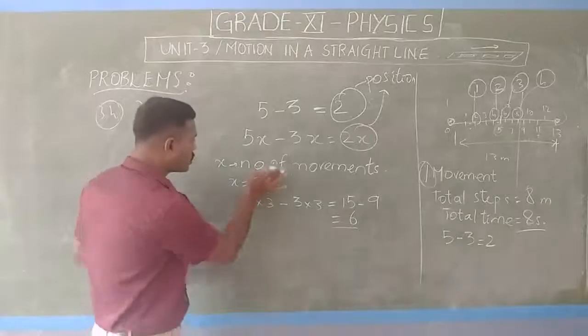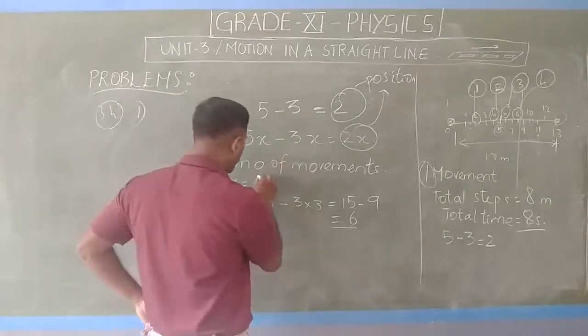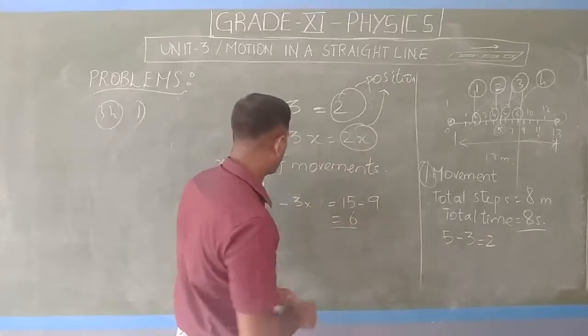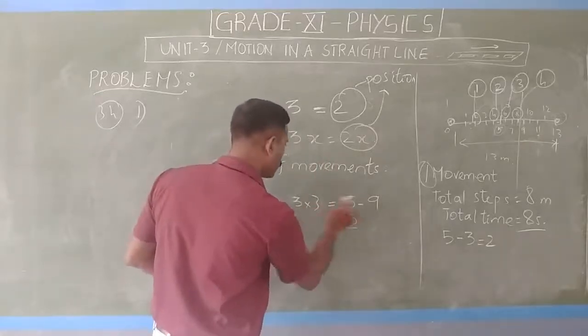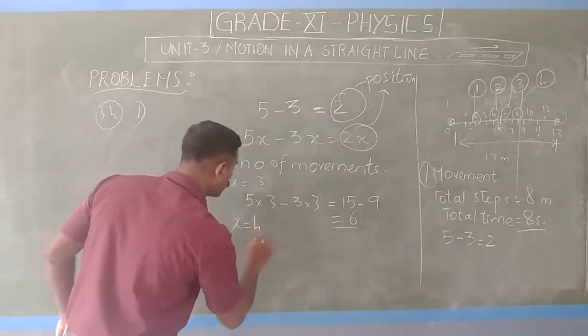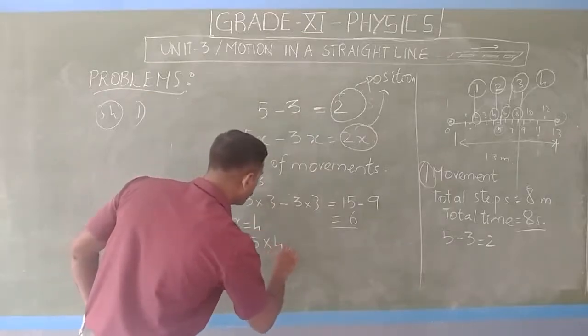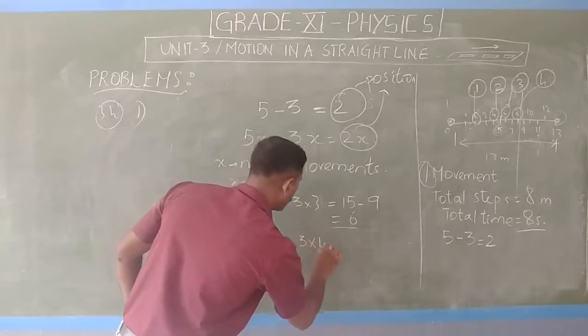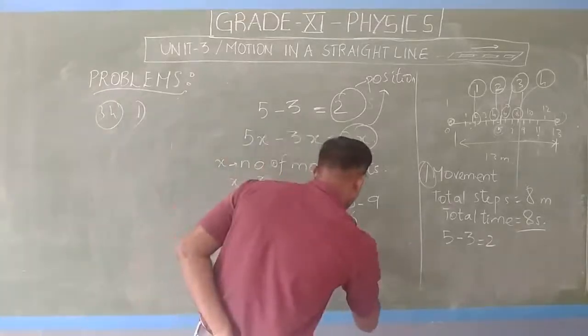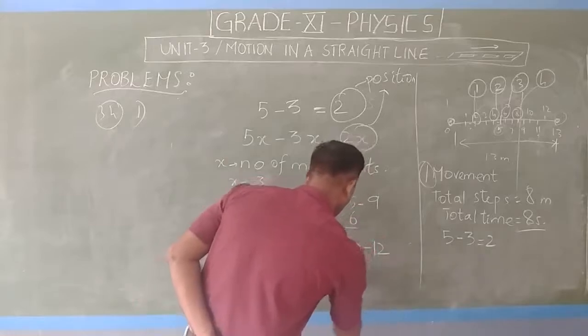I may substitute x equal to 4. What will I get? When x equal to 4, 5 times 4 minus 3 times 4 is what? 20 minus 12, which is 8.